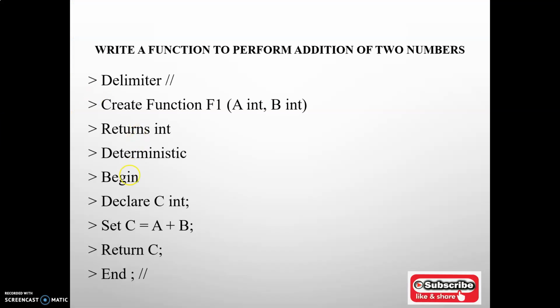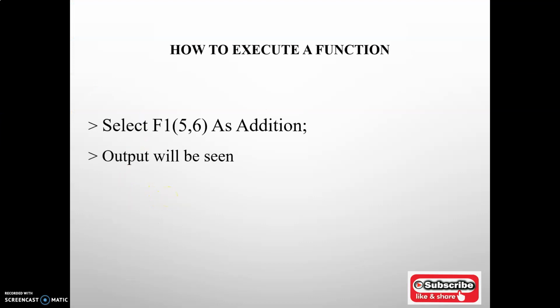After creating the function, how do we execute that function? Instead of calling that function, we use SELECT, the name of the function, and then parameters will be passed, and then we can rename that function as addition, and the output will be seen.